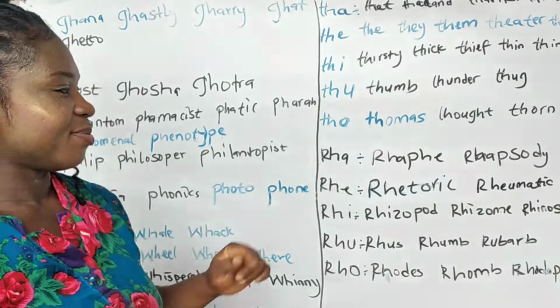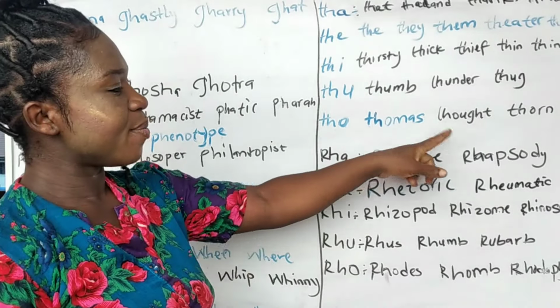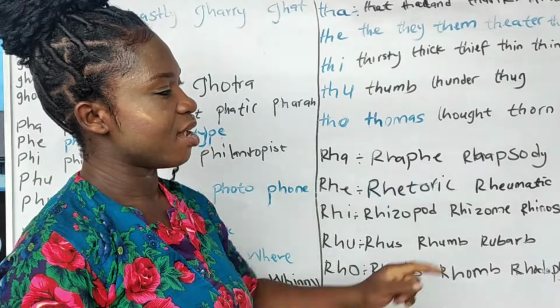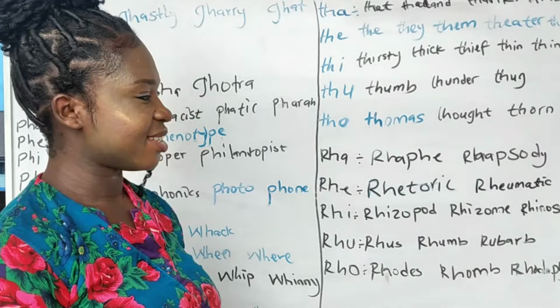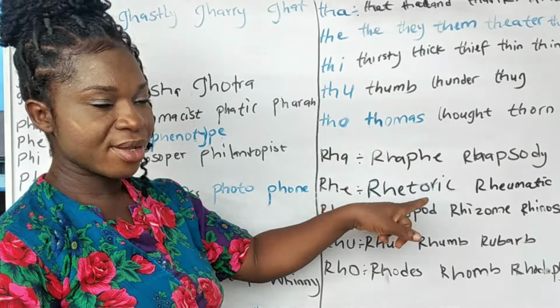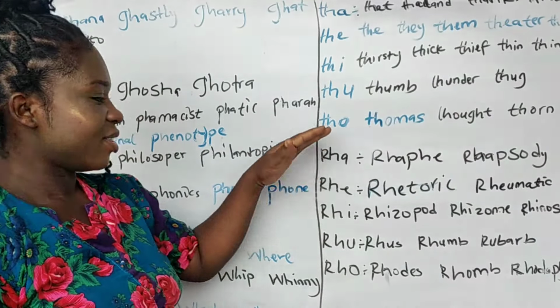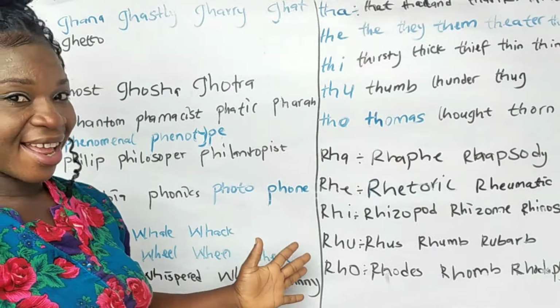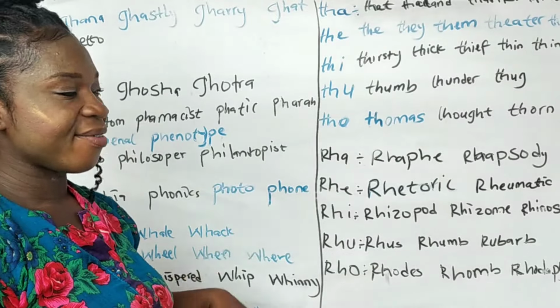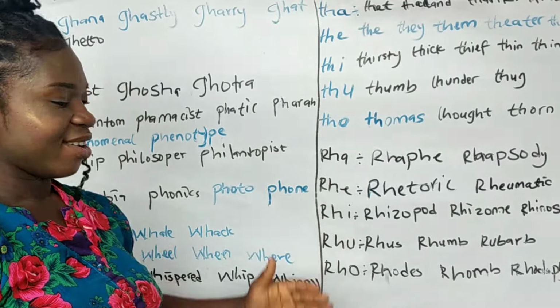So let's continue. You have toe, you have Thomas, taught, ton, right? Toe, Thomas, taught, ton.